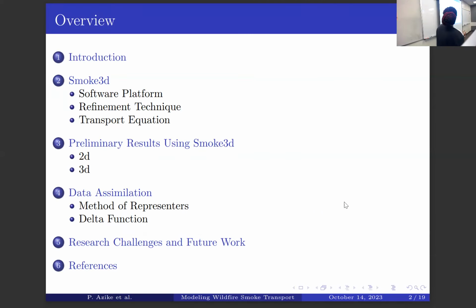This is an overview of what I'll be talking about today. I'll be introducing wildfire smoke, as well as our transport model, Smoke 3D. I'll take us through some of the results we've gotten at the moment. I'll also be describing how we're incorporating data using data assimilation, some challenges that we've faced so far, and the way forward.